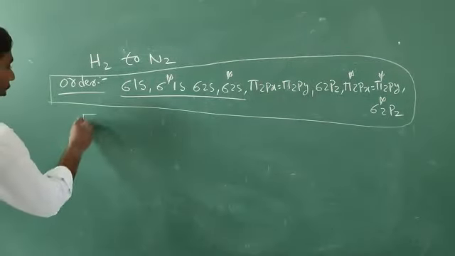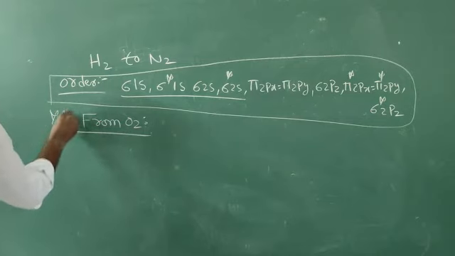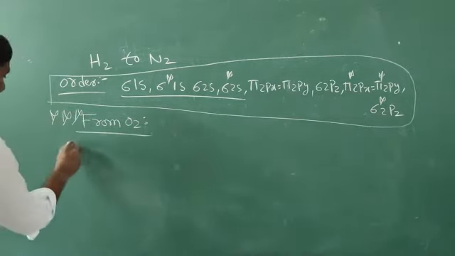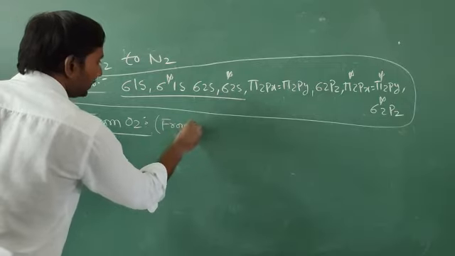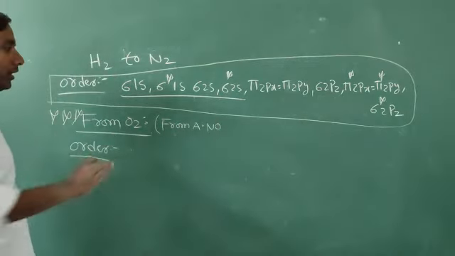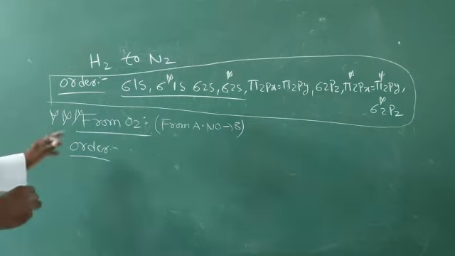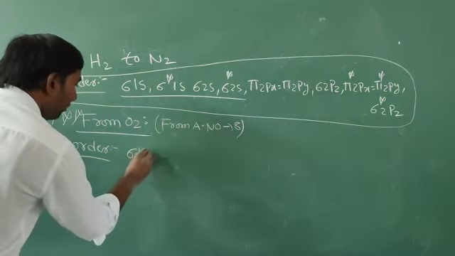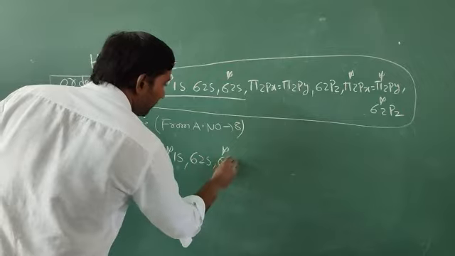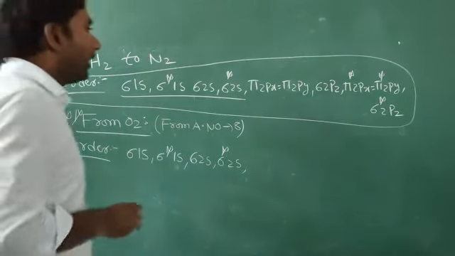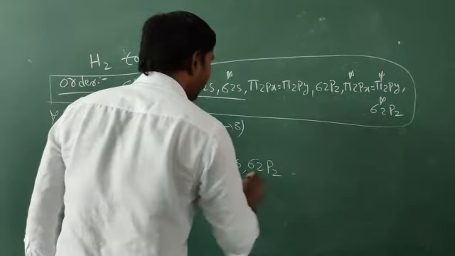Next, from the oxygen molecule, that means from atomic number 8, the configuration order is: sigma 1s common, sigma star 1s, sigma 2s, sigma star 2s, up to that common. Now here sigma 2pz comes first.